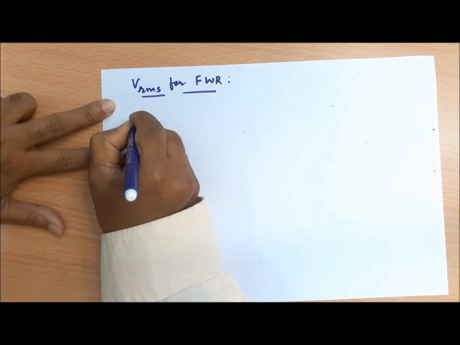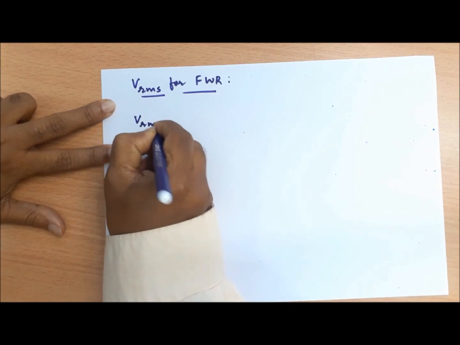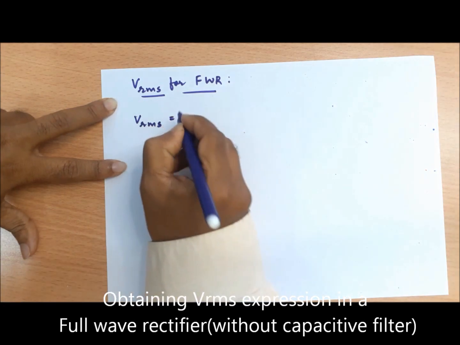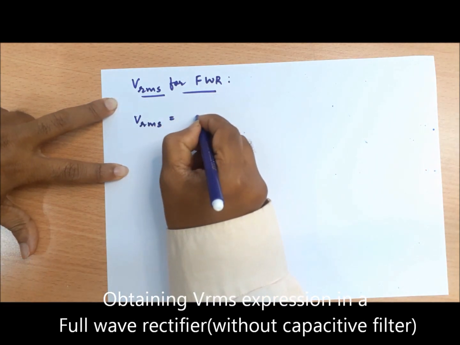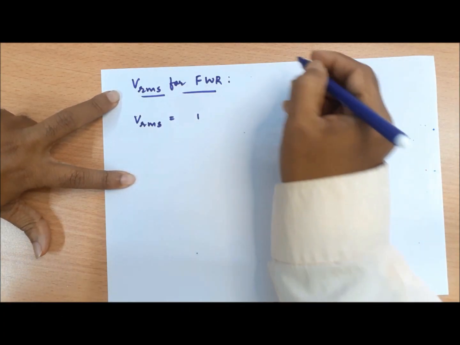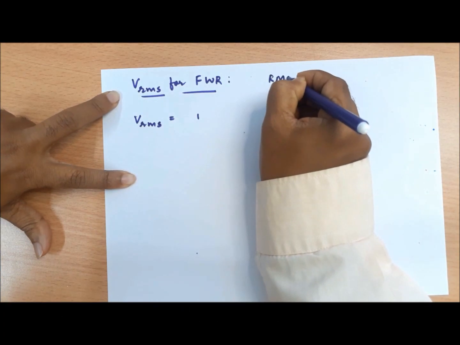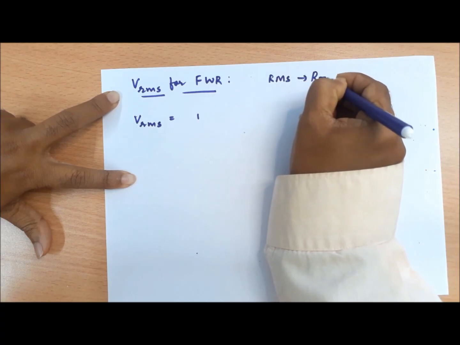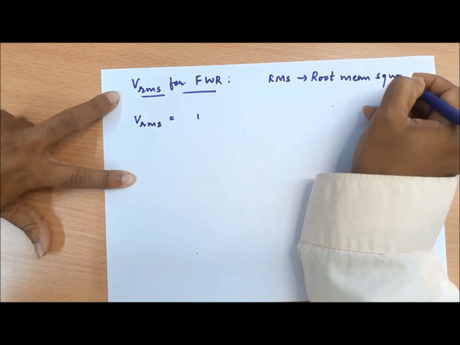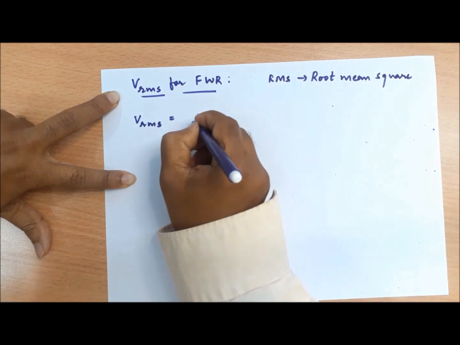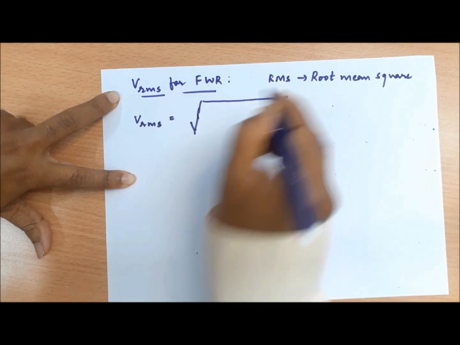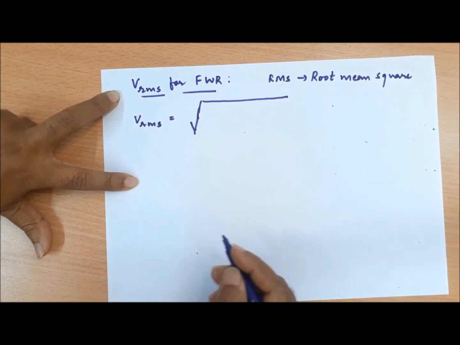If I write the expression again, considering the waveforms of a full wave rectifier: since RMS stands for root mean square, I have to take the root first, then the mean.